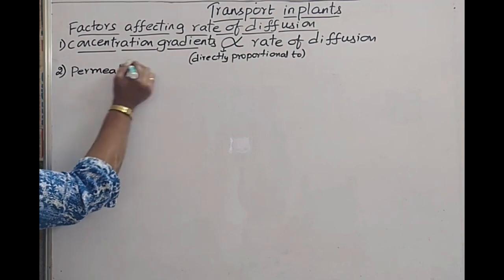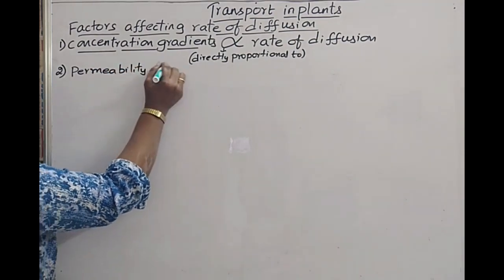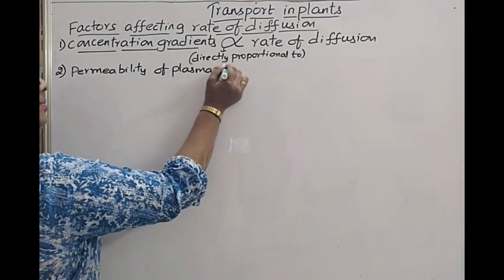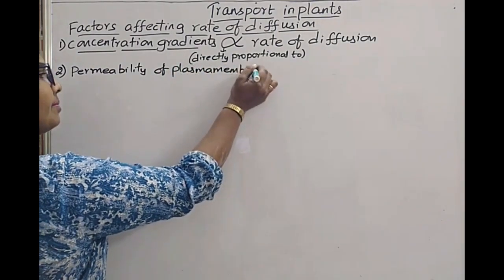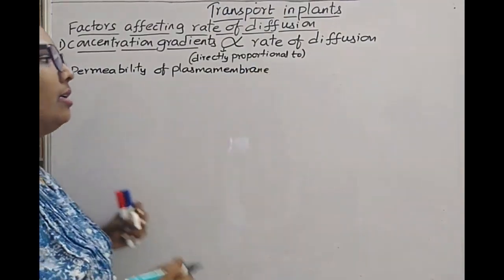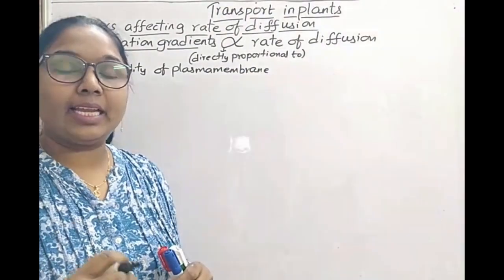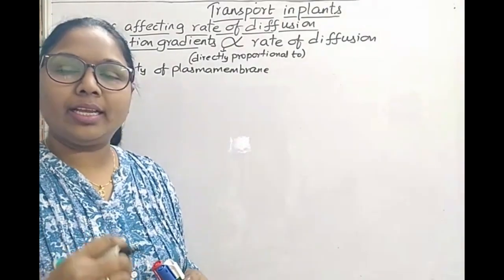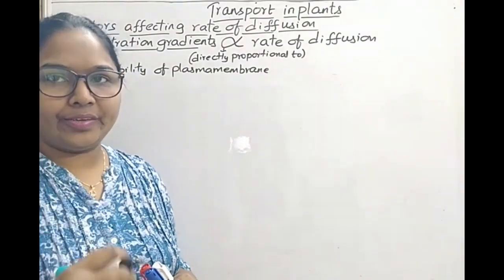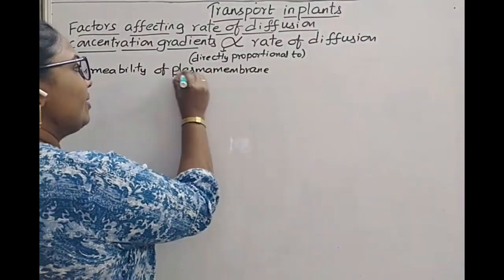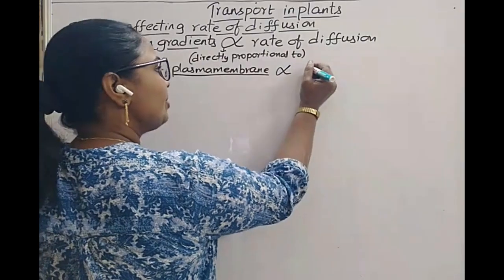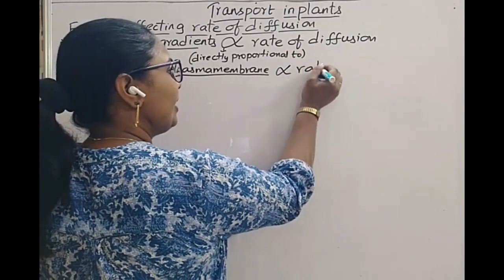Since the plasma membrane has more lipids, it allows more hydrophobic substances, which are not water favorable. So here we can write cell membrane also. So permeability of the cell membrane is also directly proportional to rate of diffusion.